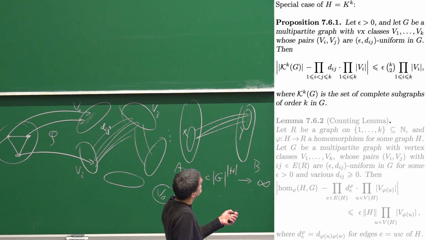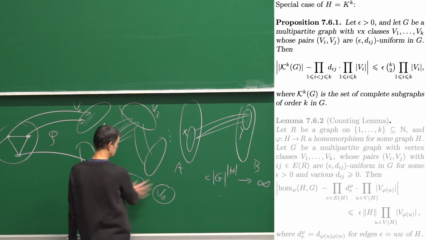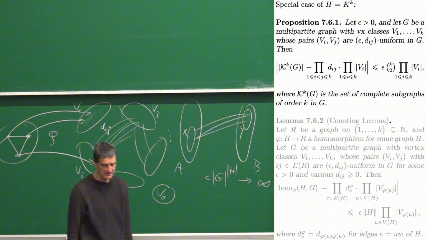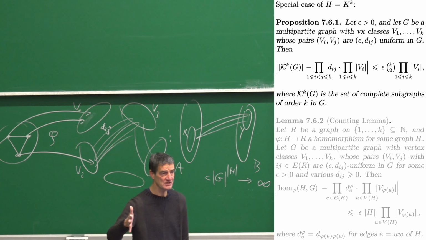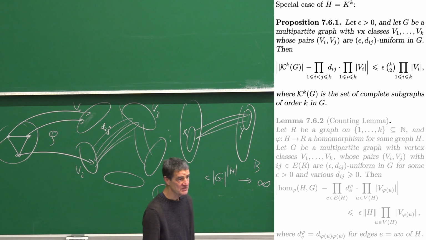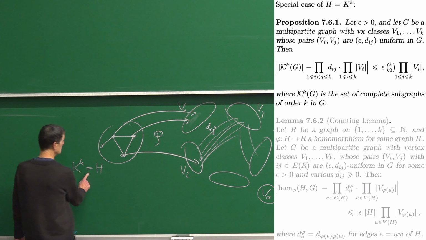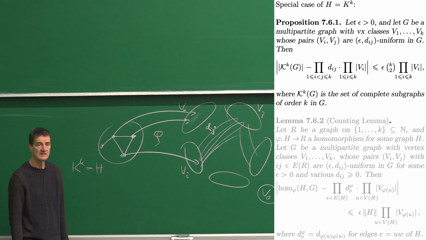Here, the second big product, the product of all the orders of the vertex classes, order V1 times order V2 times order V3 and so on, the product of the orders of Vi for i from 1 to k, that is just the number of ways in which we can embed H injectively into these classes. Right?